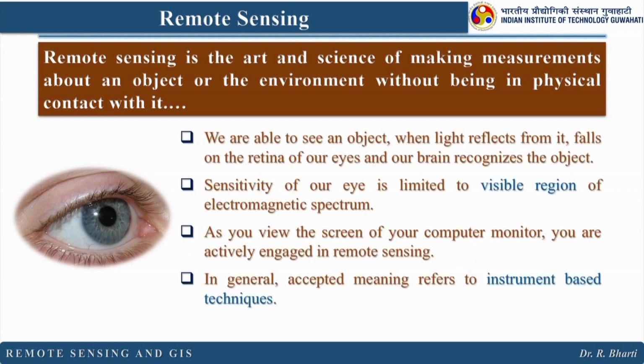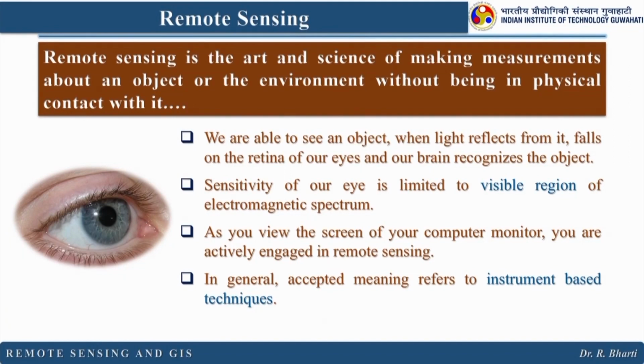We are actually engaged in remote sensing through our eyes, and our eyes' sensitivity is limited to the visible range starting from 400 to 700 nanometer. 400 to 500 is our blue, 500 to 600 is our green, 600 to 700 nanometer is our red wavelength. So, whatever we see is a combination of blue, green and red wavelengths.